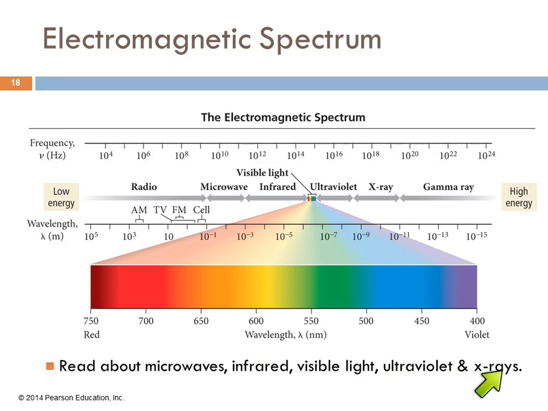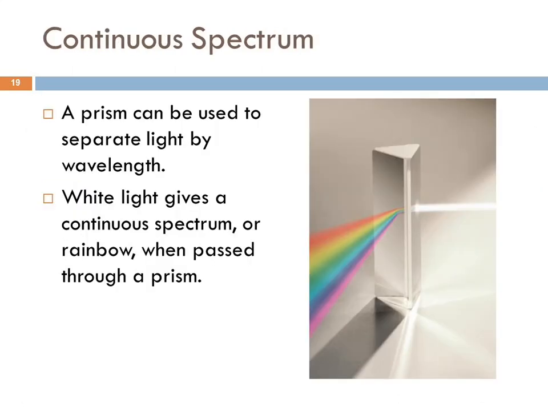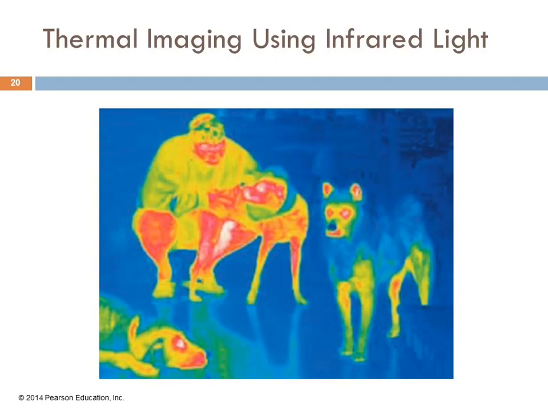It's in your book. Read about it. I'm not going to talk about it, but you should read it. So infrared is electromagnetic radiation that carries a lot of heat. And so these night scopes, night vision things, are infrared light detectors.